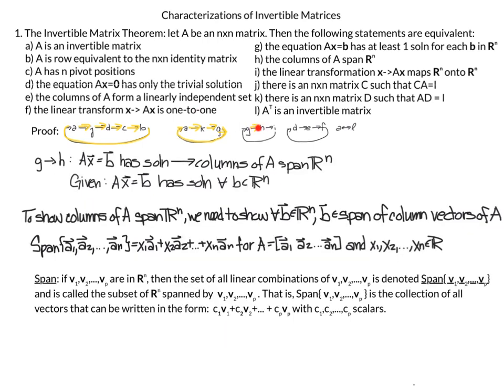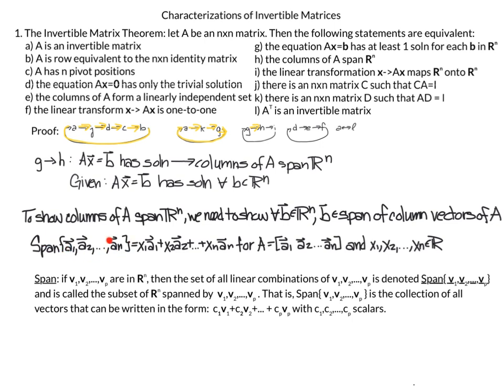Next, we have G implies H, which is the equation AX equals B has at least one solution for each B in Rn, implies the columns of A span Rn. So we're given AX equals B has a solution for every B in Rn. And to show the columns of A span Rn, we need to show that every B in Rn is in the span of the column vectors of A. And that's just from the definition.